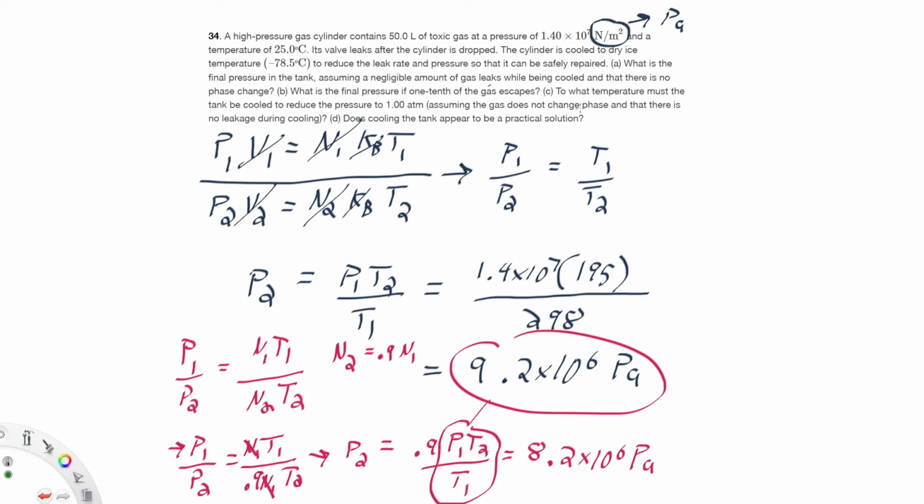And then for part C, let's assume there's no leakage and we're just changing the temperature. And we want our second pressure to be 1 atmosphere. So we can solve this for T2 instead. So T2 equals P2 T1 over P1. The second pressure that we're looking for is 10 to the 5th pascals.